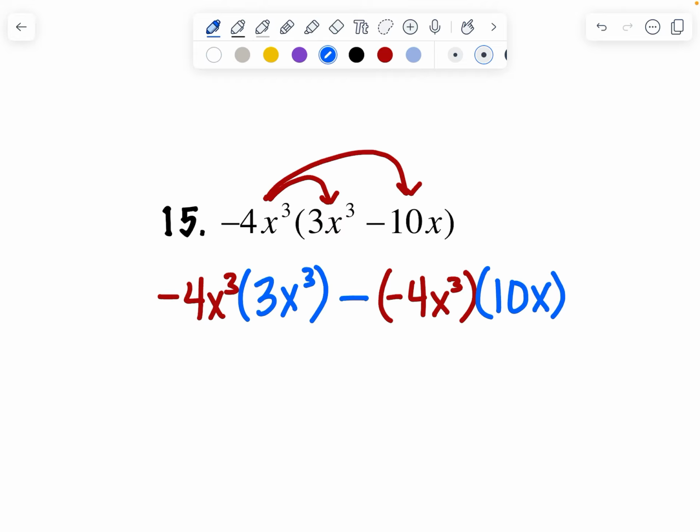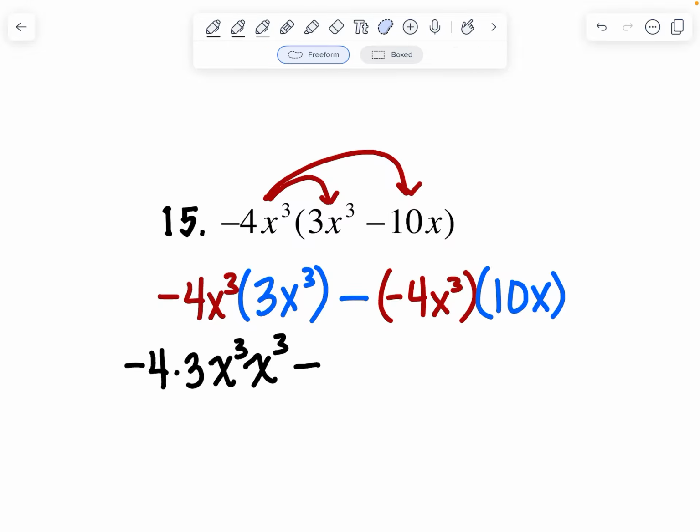Now I already have the minus sign in the middle in blue, okay? So now we're going to simplify, but I'm going to move things around like I've been doing in other problems. So I have negative 4 times 3. Remember that commutative law in arithmetic, you can change the order of multiplication.